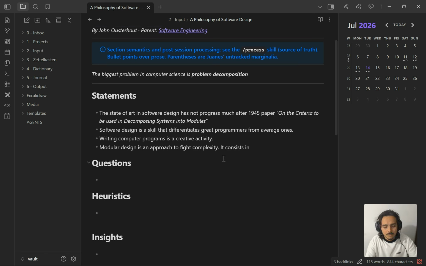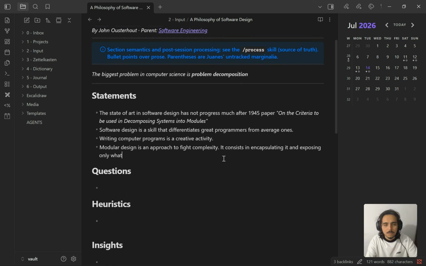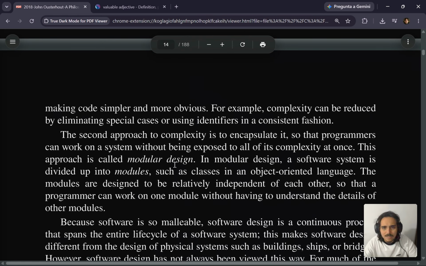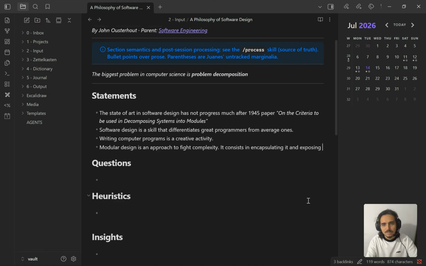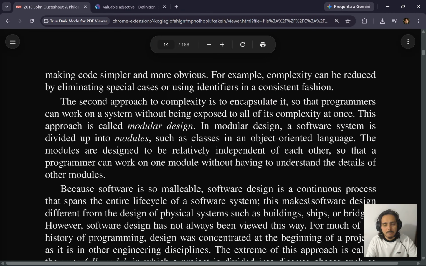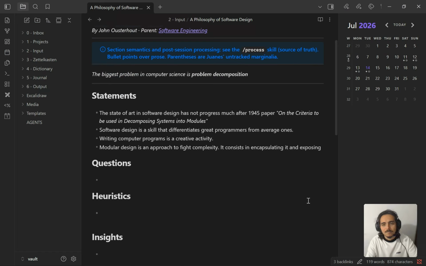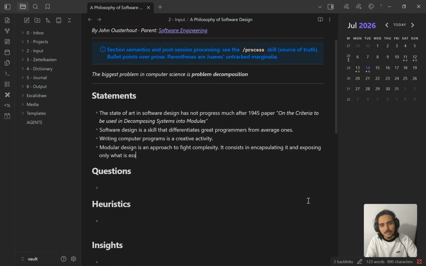It consists in encapsulating it and exposing only what is needed, without being exposed to all of its complexity at once, and exposing only what is essential. I will say, and exposing it strategically. I like this way of putting it.